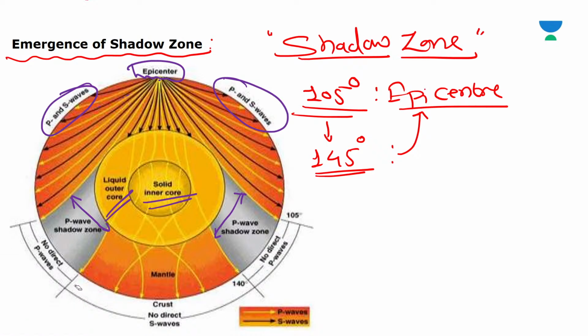So no direct P waves in the zone from 105 degrees to 145, or 40 degrees. The P waves are shown in yellow color, whereas the S waves are shown in black.